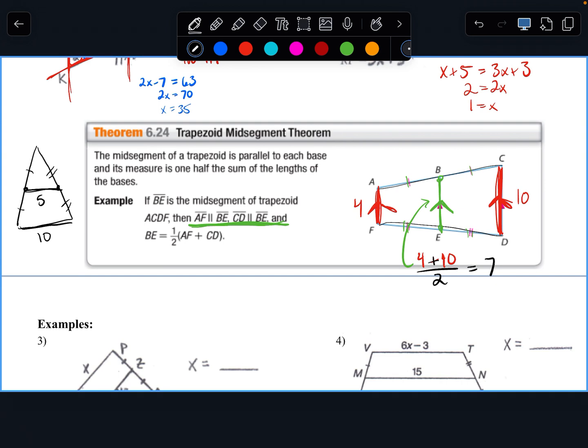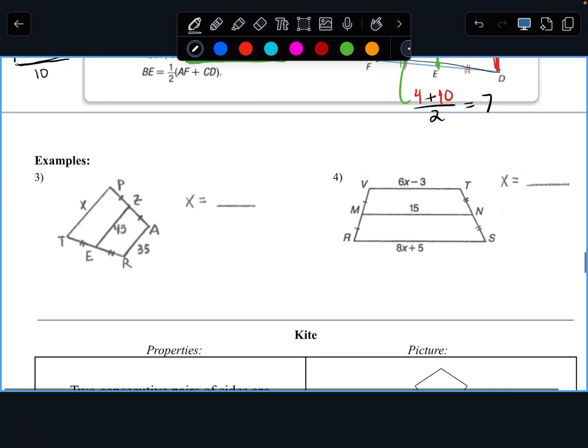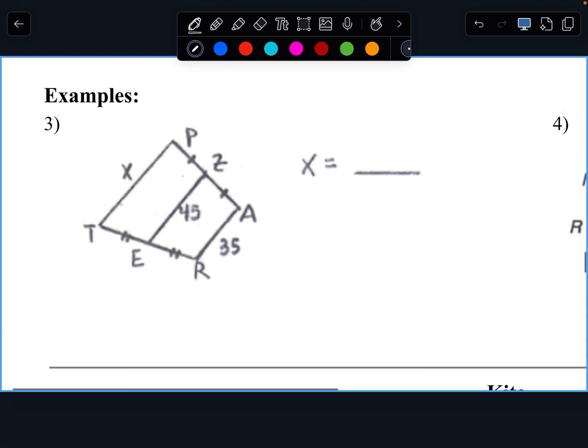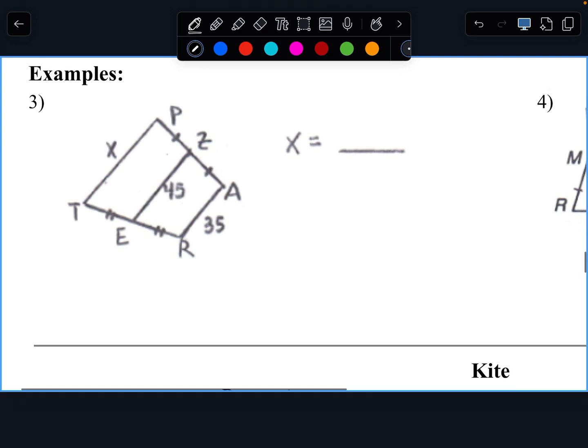Okay, I'm going to show you the cheat way to do this and the formula way for these two. So if you turn the page, number 3, you don't technically really need the formula to figure it out. I'll show you with the formula, because this isn't the middle, the X is in the wrong spot, quote unquote, right?